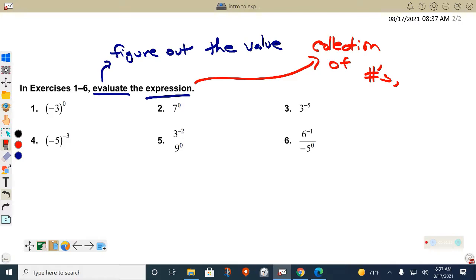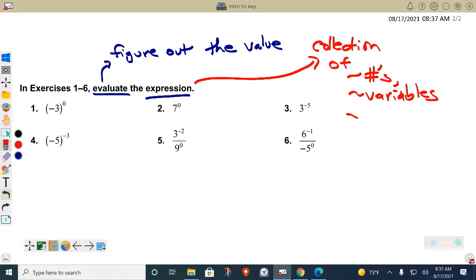Watch this now. Variables. What's an example of a variable, Dominguez, in all your math knowledge? What's a variable in math?